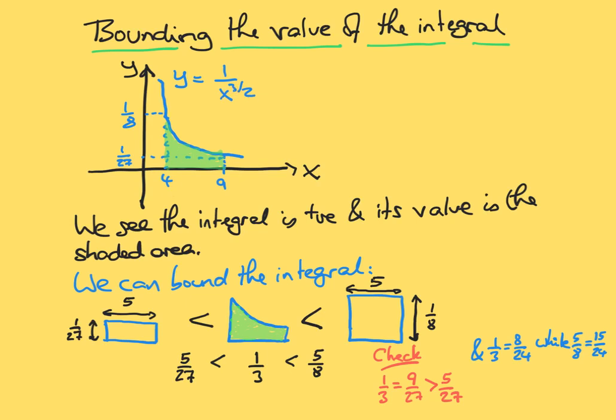So that means it's 1 over the square root of 4 cubed, because after all, x to the 3 halves can be understood as meaning the square root of x cubed. So what we do is we have the square root of 4, that's 2, cubed is 8. So at the lower limit we have 1 over 8. At the upper limit in the same way we have 1 over 27.